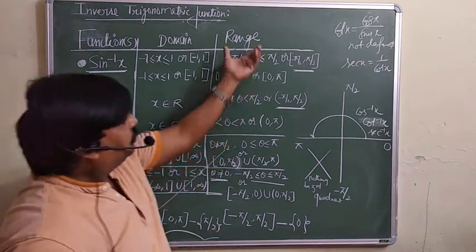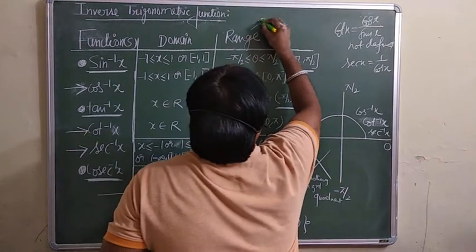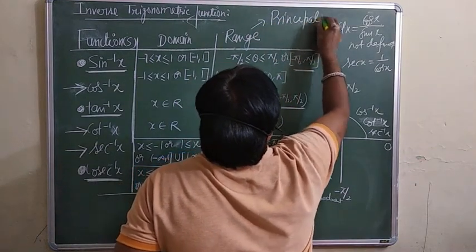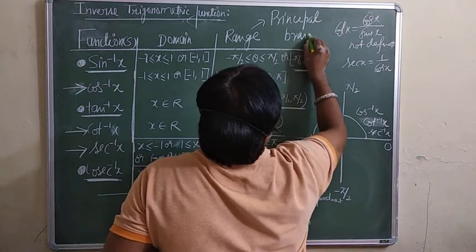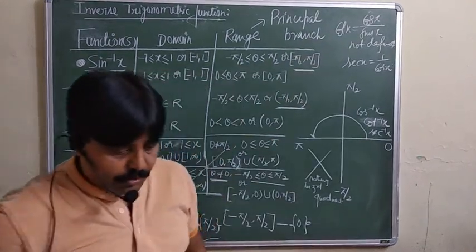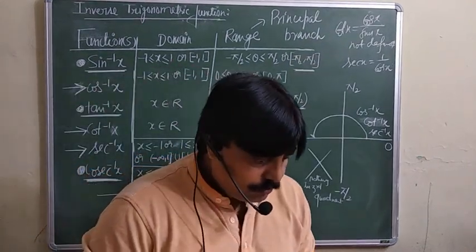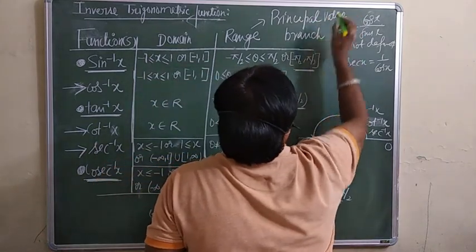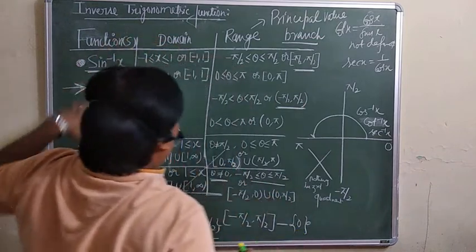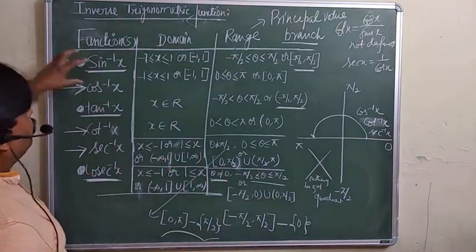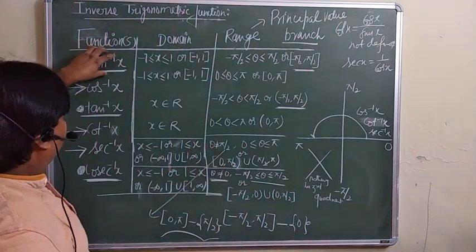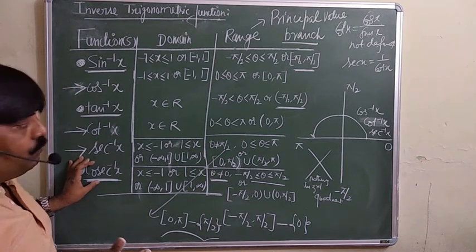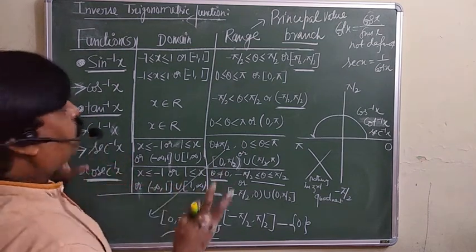So these are the ranges, and these ranges are also called the principal value branch. This is very important to remember. Always keep in mind sine inverse, tan inverse and cosec inverse are in one group. They behave similarly.